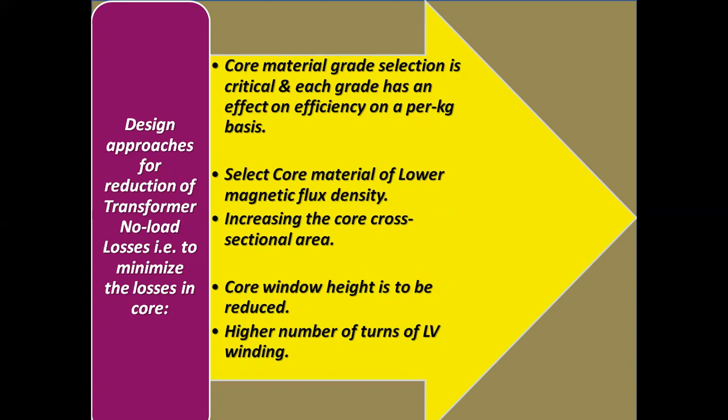Number 2, select core material of lower magnetic flux density. Number 3, increase the core cross-sectional area. Number 4, core window height is to be reduced. Number 5, higher number of turns of HV winding.